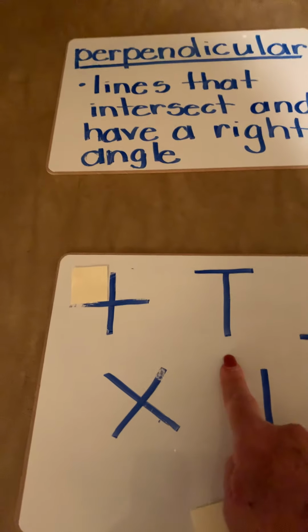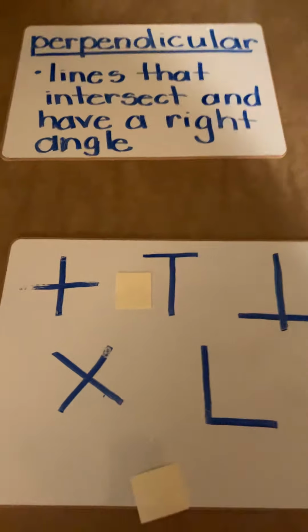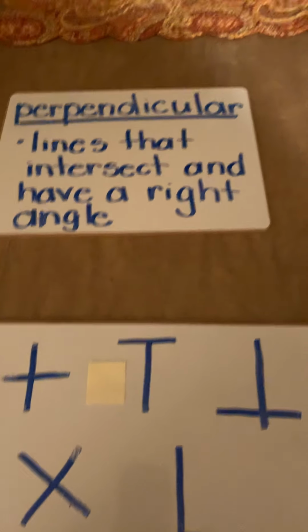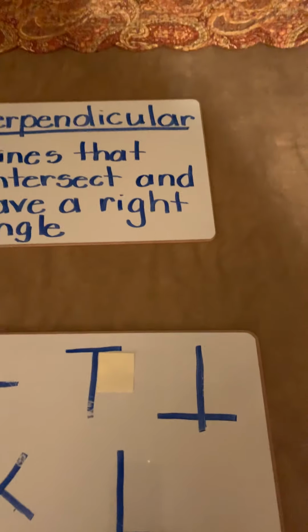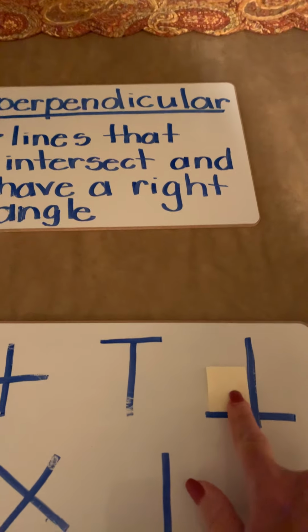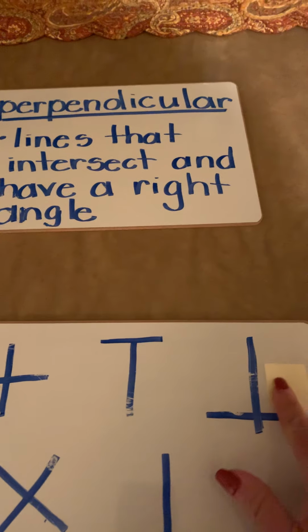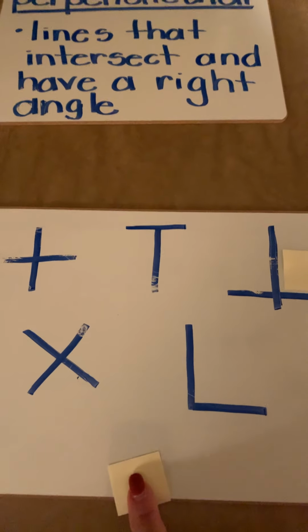If I move over here to the T-looking line, you guys see that one? Do you see some right angles there? Yep, 1 on the left and 1 over here on the right. And if we go to what I call the upside down T, again, 2 right angles. How about if I move over here to the L? Do you see any more right angles?